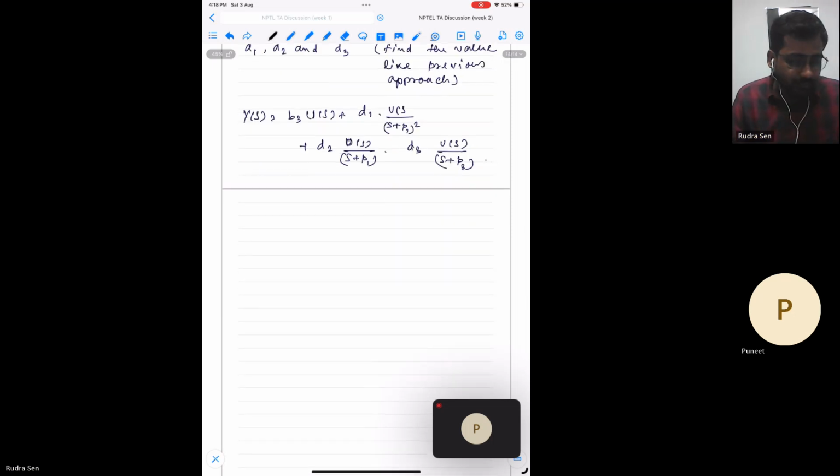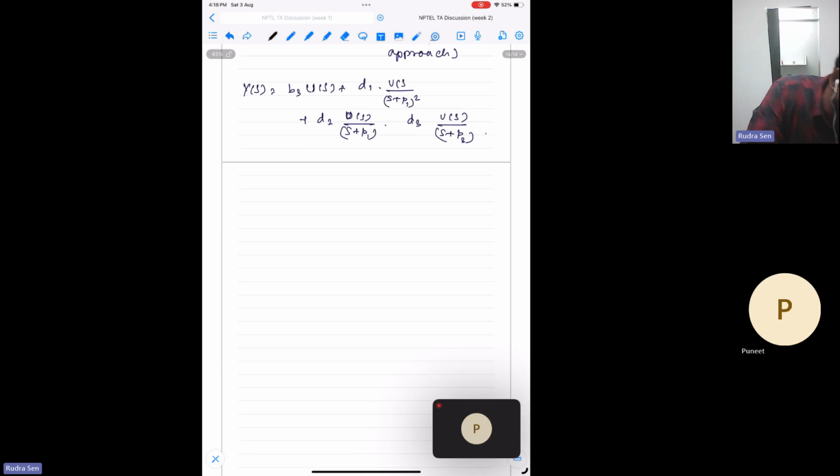Okay. So here, let's say I am choosing X1(s) equal to U(s) by (s plus p1) square, X2(s) equal to U(s) divided by (s plus p1), and X3(s) equal to U(s) divided by (s plus p3).